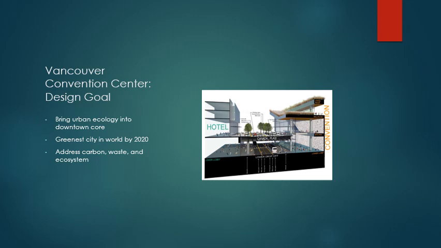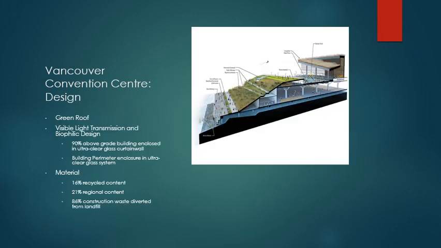Keeping that in mind, the convention center incorporated a lot more eco-friendly practices into the design, which we'll discuss next. So the coolest part of this building is the green roof that it hosts.